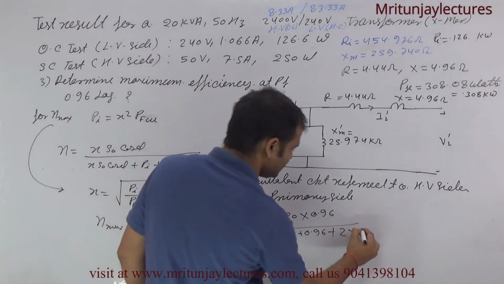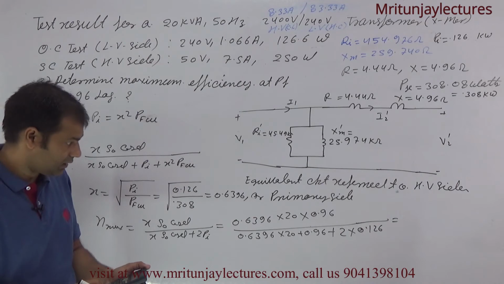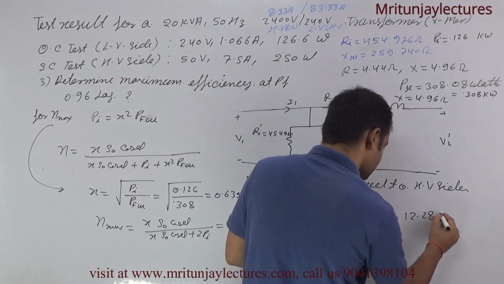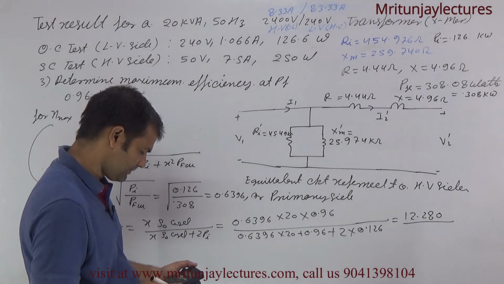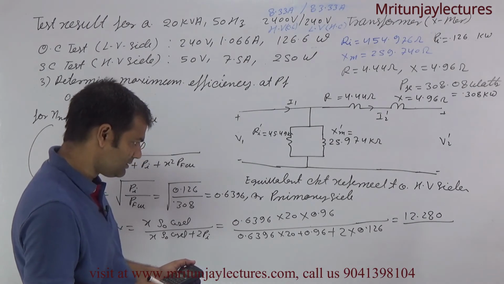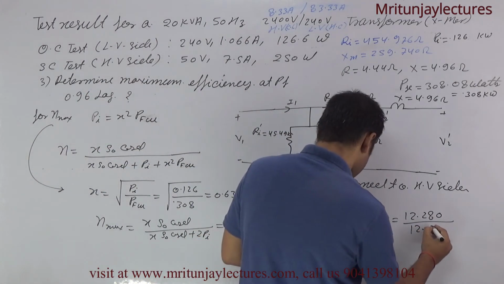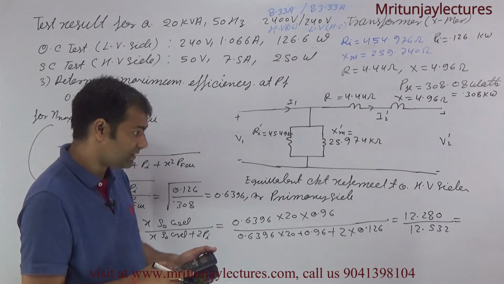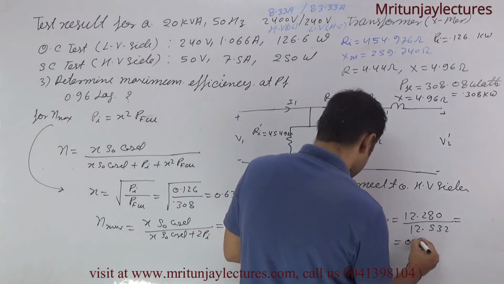Now, maximum efficiency is x into S naught cos phi divided by x into S naught cos phi plus 2 Pi. That is 0.6396 into 20 into 0.96 divided by 0.6396 into 20 into 0.96 plus 2 into Pi, where Pi is 0.126. Finally we got 12.280 divided by 12.532, that is 0.9798.